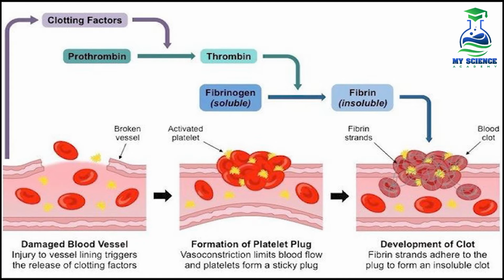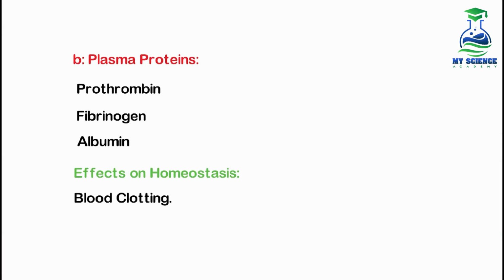For example, when there occurs an injury in a blood vessel or a cut on your skin, that releases the clotting factors in the form of prothrombin, thrombin, or fibrinogen. These blood clotting proteins result in the formation of a platelet plug, and finally there occurs the development of a clot.